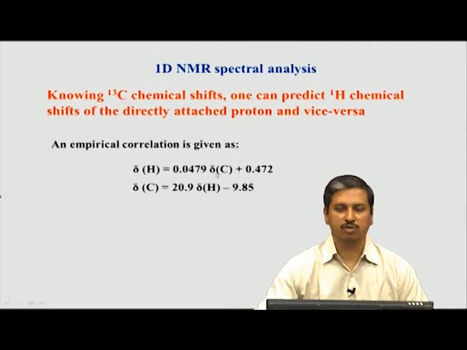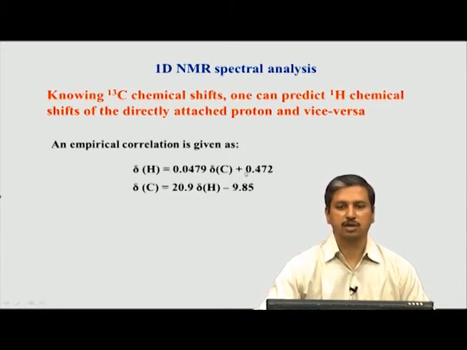So, the carbon will be around 140 ppm. So, this is a very interesting empirical correlation which was discovered, that whenever a proton chemical shift increases, the carbon chemical shift also increases, and this will be of some relevance when we come to 2D NMR, especially when we look at the heteronuclear NMR spectroscopy.